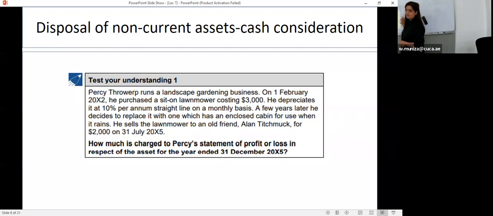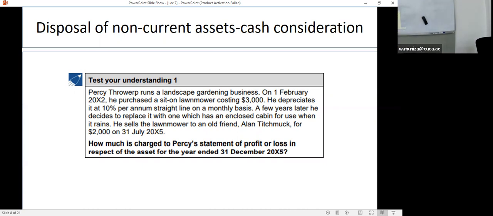It's straight line method. Okay. The same amount of depreciation is going to be taken on cost. How much is the cost of the asset? 3,000. 3,000 is the cost. And then we have to multiply it with the percentage. How much percentage is there? 10%. In year 2005, how many months has it been used?